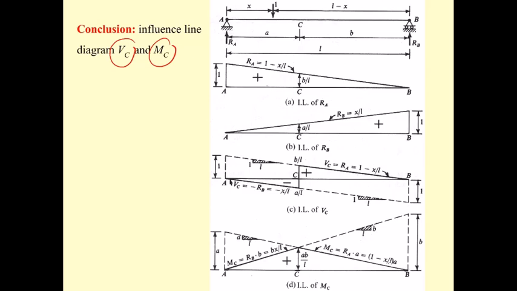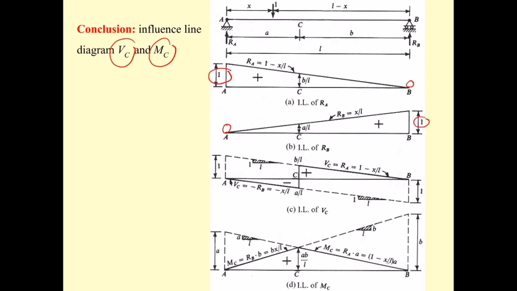There are some important things I should mention for R sub A. R sub A has value 1 here, and the value of R sub A just decreases until it is 0 here. For R sub B, the value starts from 0 and is 1.0 here.